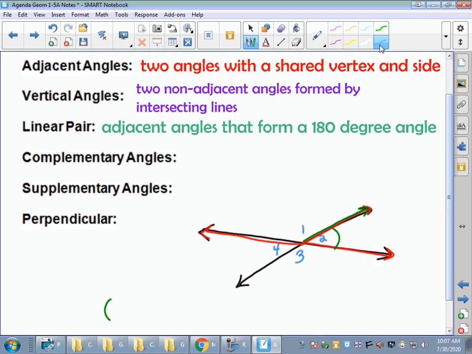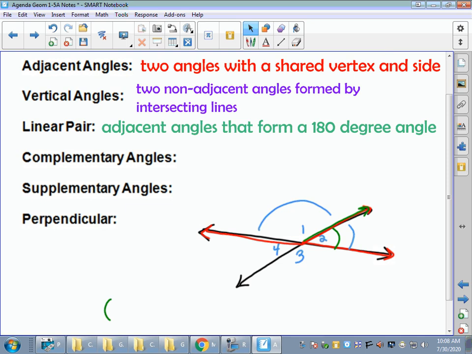Well, angle 1 plus angle 2, this plus this, looks like a straight line, 180 degrees. I hope everybody knows that 180 degrees is a straight line. So angles 1 and 2 would be a linear pair. There are a bunch of other linear pairs on this particular diagram as well. Angles 2 and 3 would be a linear pair. So you can have more than one answer. Just like vertical angles, I should have said that 1 and 3 are also vertical angles.